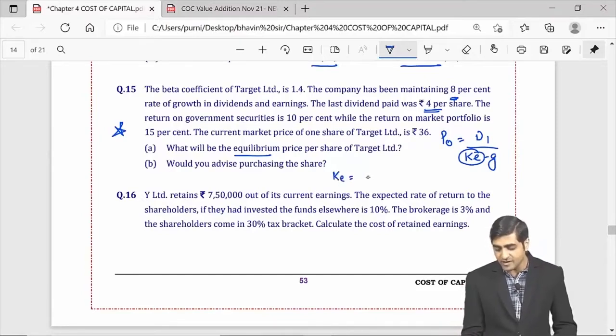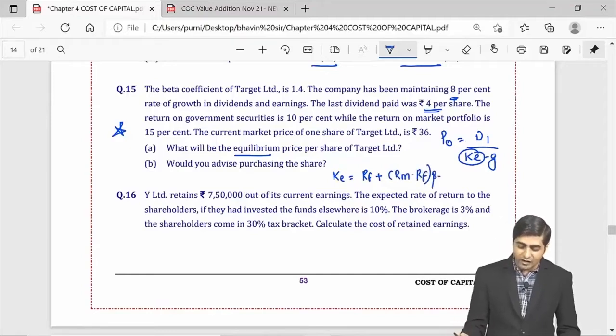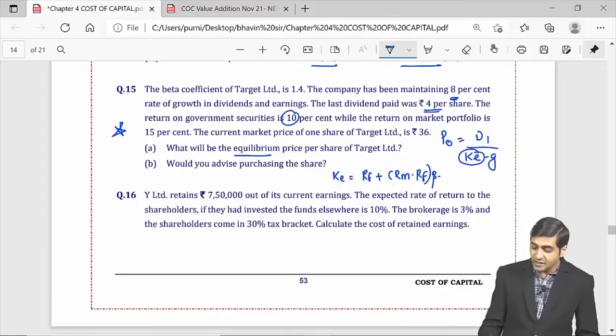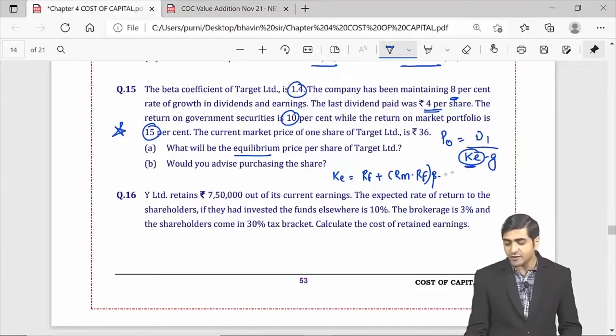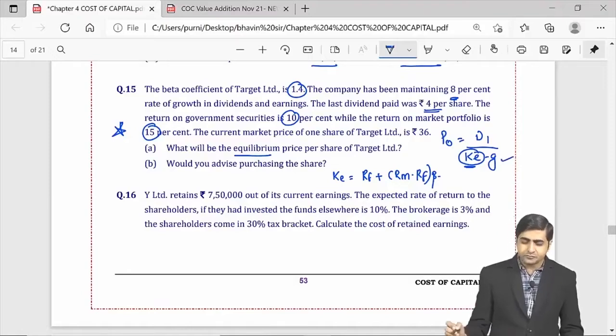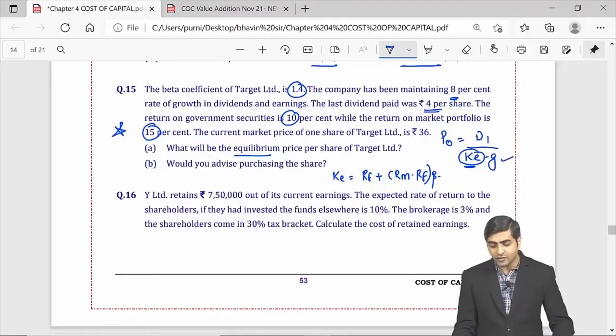So your KE will be risk-free rate plus (RM minus RF) into your beta, and you have your risk-free rate available as 10%, your return on market portfolio is 15%, then your beta is nothing but 1.4. So this will actually help you to calculate your KE, and guys, your growth rate is nothing but 8% given to you, and that's how your P0 will be calculated.